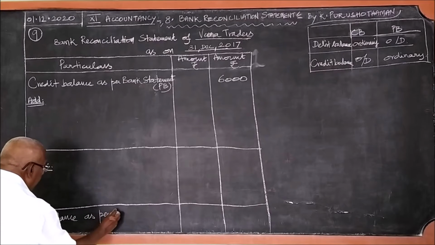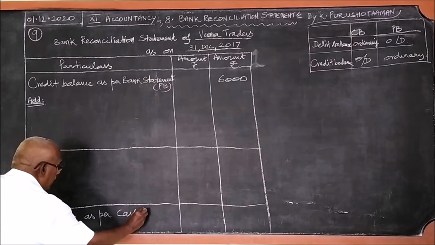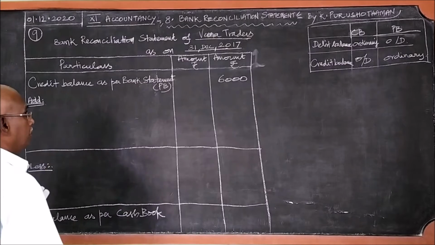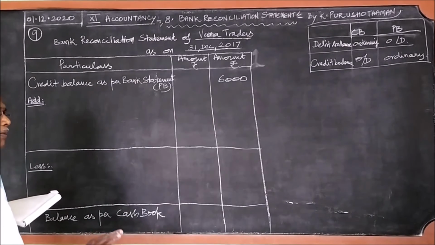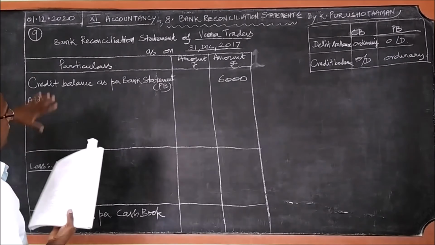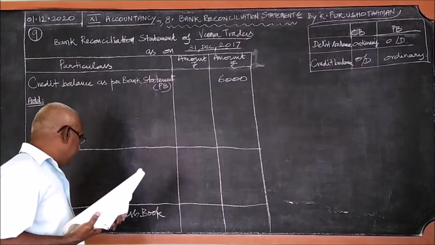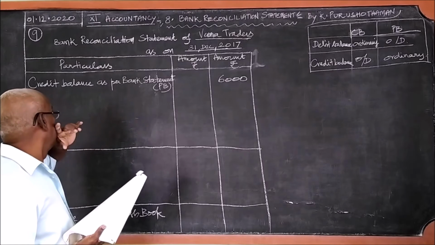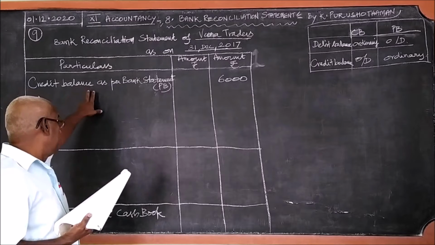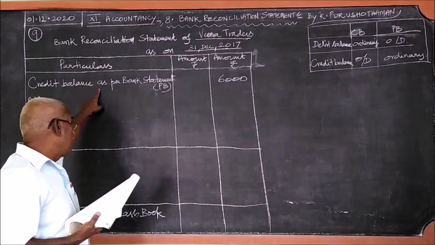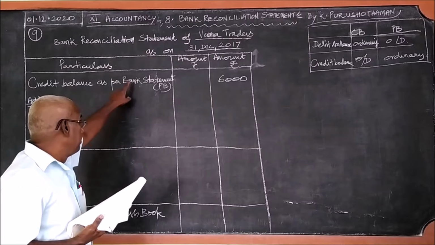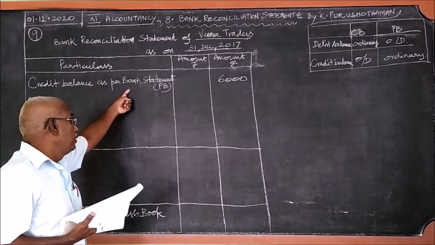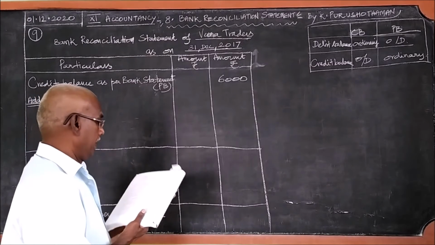Up to problem number 8, we started with the cash book balance, we end with the passbook balance. But from this 9 and 10, we started with passbook balance, that is as per bank statement. Therefore, we should end with the cash book. Passbook to cash book. Okay.